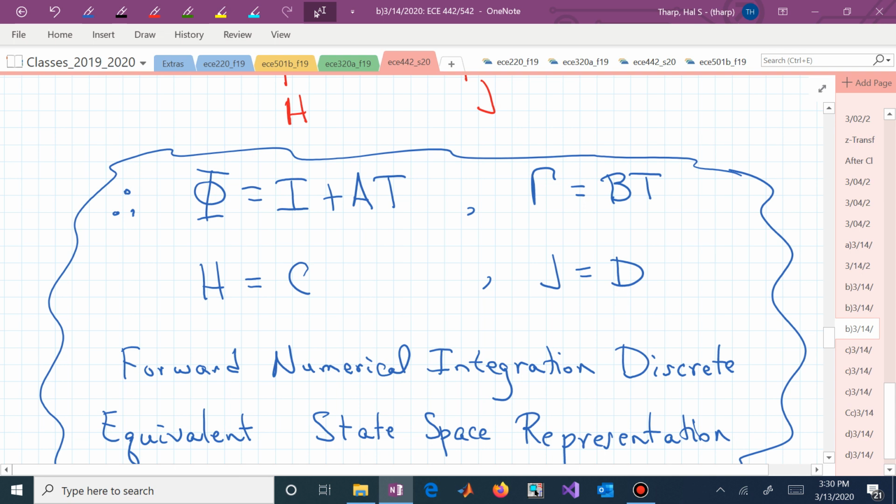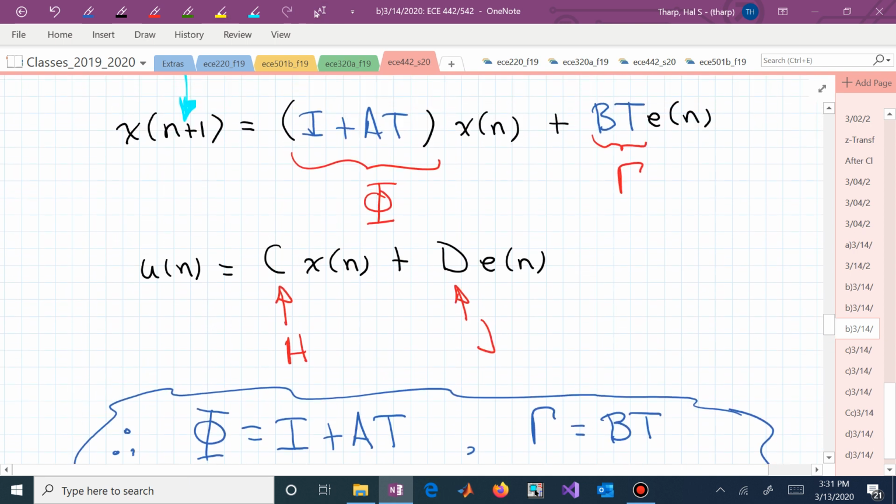Or if you are given an A, a B, a C, and a D matrix in the analog setting, you don't have to do any matrix exponentials. You just scale the system matrix in the analog setting A by the sample period capital T and add the identity matrix to that, and that now becomes your system matrix capital Phi in your discrete equivalent.